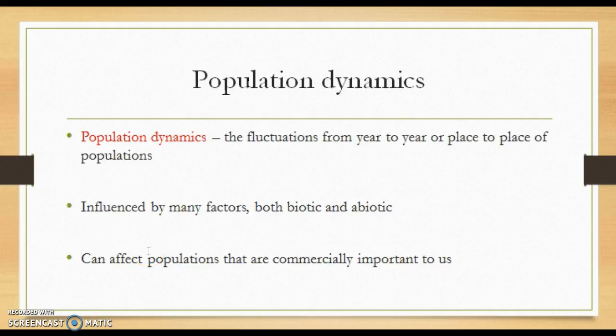So population dynamics is the fluctuation or change from year to year or place to place of a population. And it can once again be influenced by both biotic and abiotic factors.